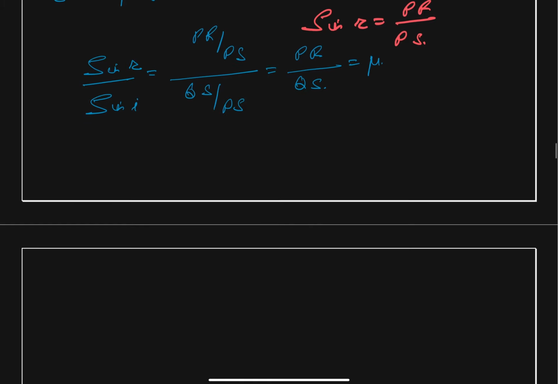Therefore, we can write that mu times QS is equal to PR.